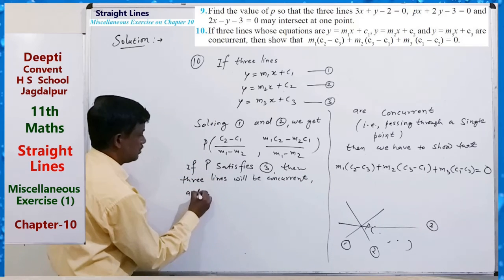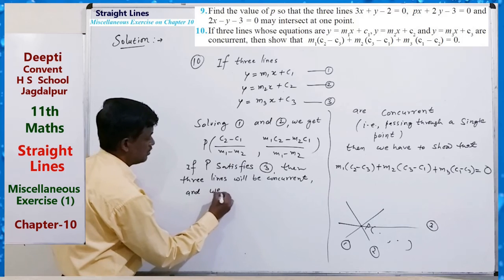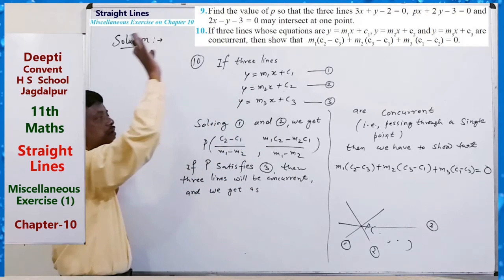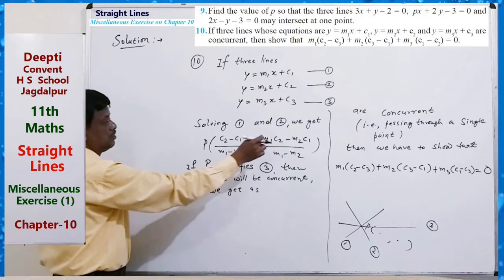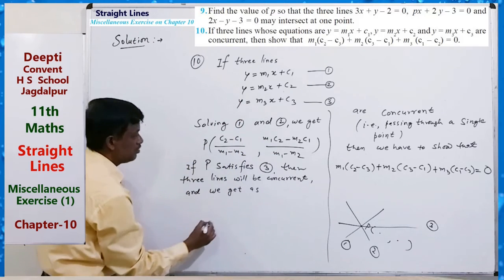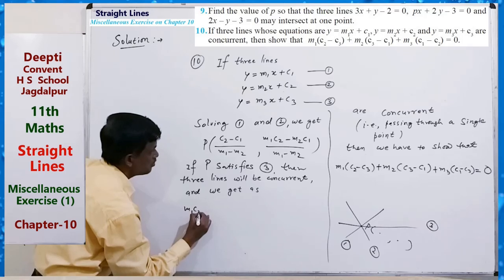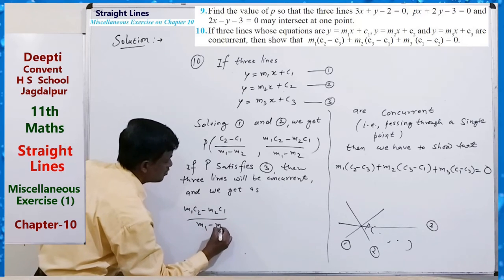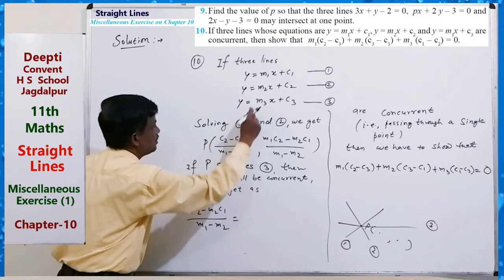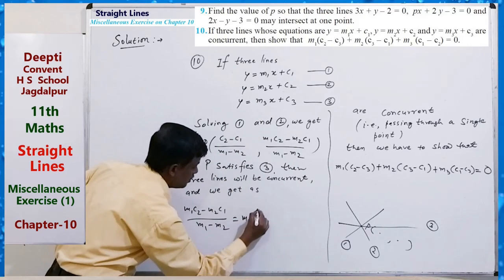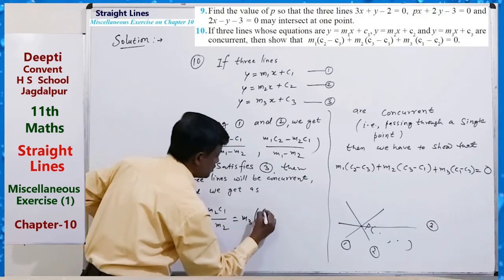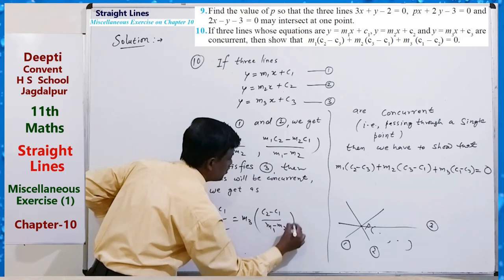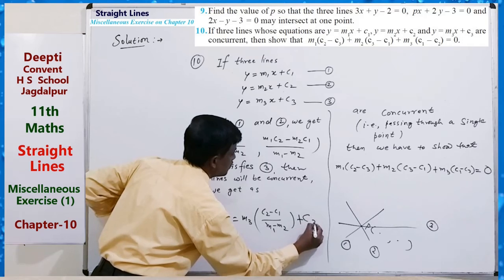It will satisfy the third. So in place of y we put m1 c2 minus m2 c1 upon m1 minus m2 equals to m3 times the value of x, c2 minus c1 upon m1 minus m2, plus c3.